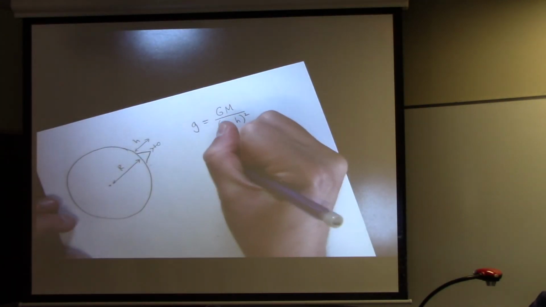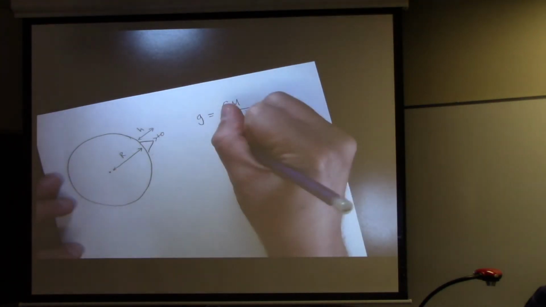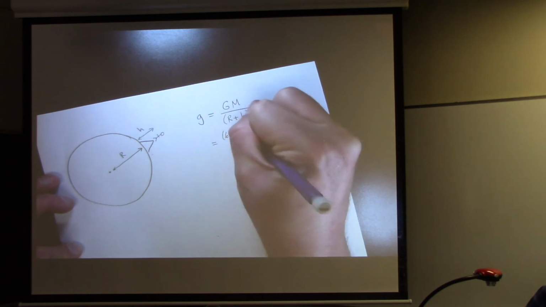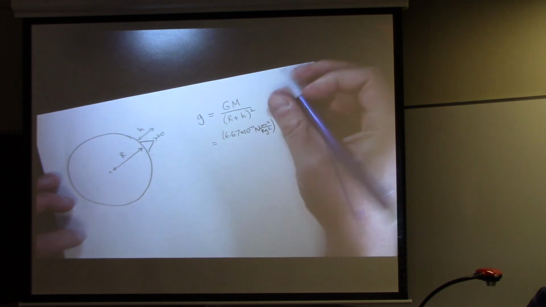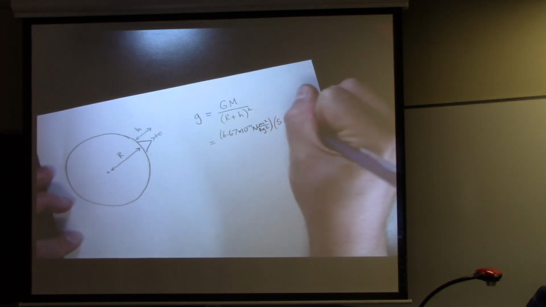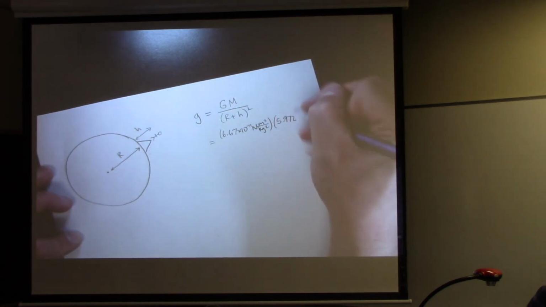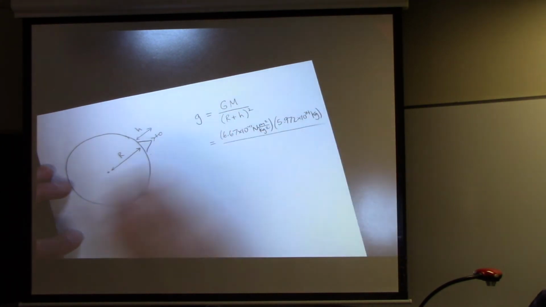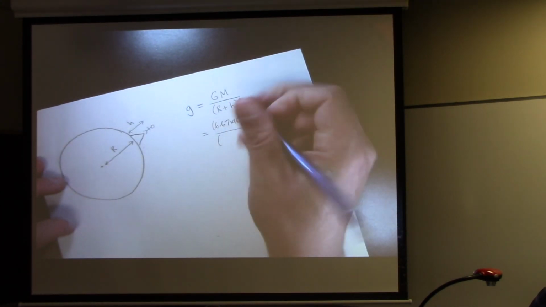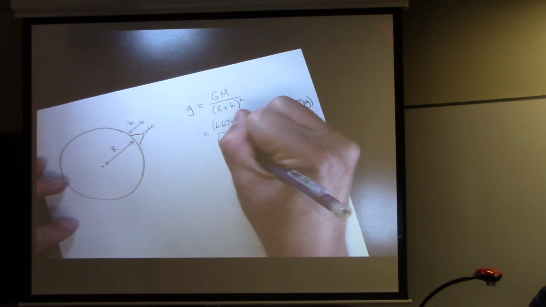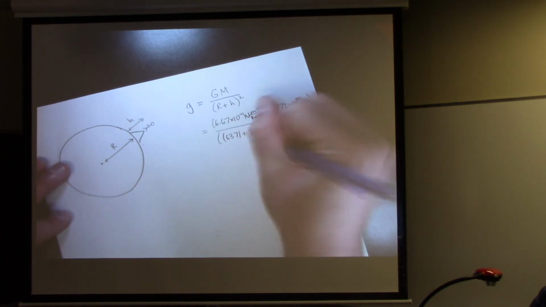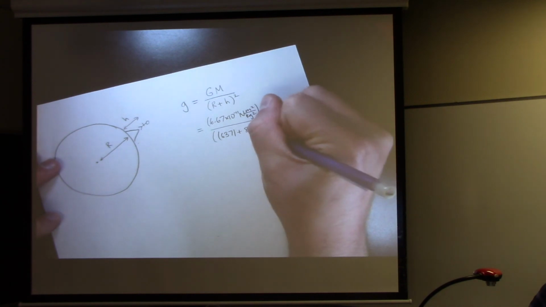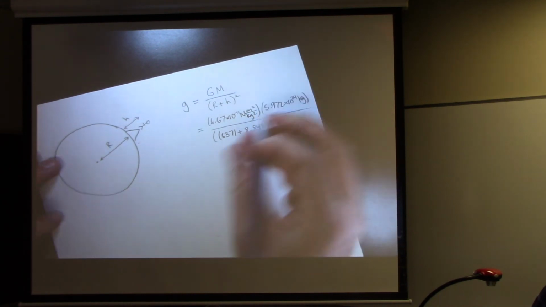And so, here's what we get. 6.67 times 10 to the minus 11 newton meters squared per kilogram squared, times the mass of the Earth, 5.972 times 10 to the 24 kilograms, divided by... Okay, so now what we're going to do is add 6,371 kilometers, that's the radius, plus the height of Mount Everest, which is 8.848 kilometers.